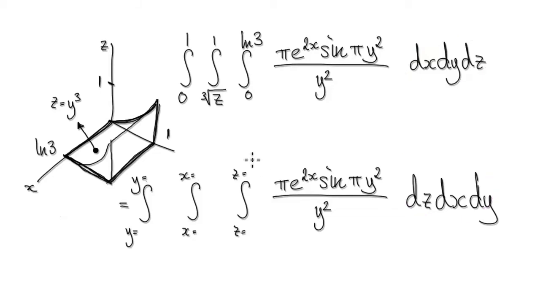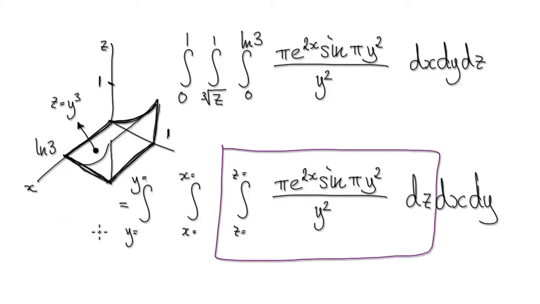In the inner integral, we're doing it with respect to z first. So you enter z equals 0, and then you leave the surface, which is y to the power of 3.